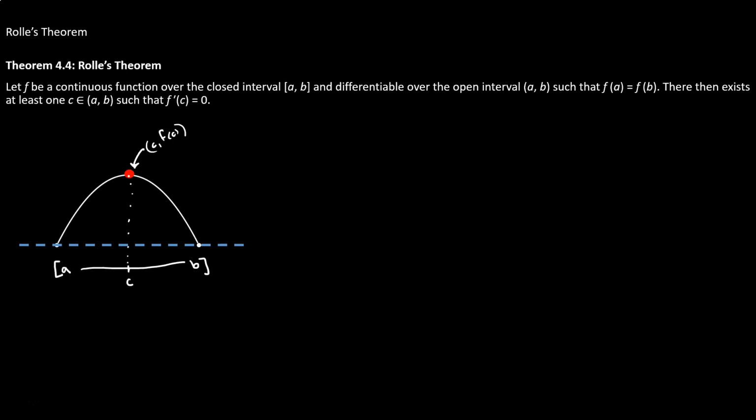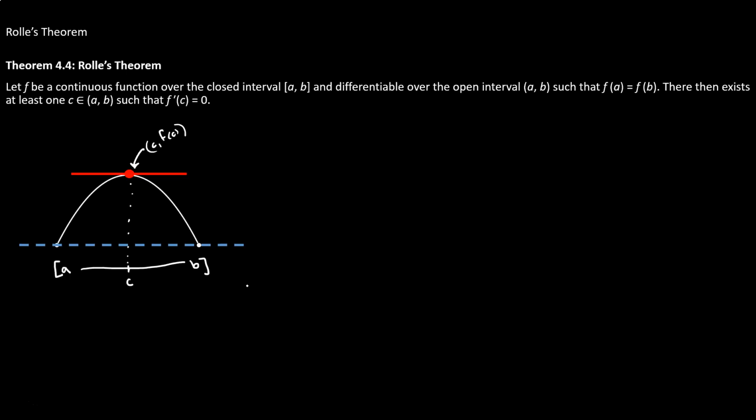And we know that critical points have derivatives that are equal to 0, or a horizontal tangent line. So Rolle's theorem tells you that for a continuous differentiable function with endpoints at equal y values, we can guarantee a critical point exists in that interval, meaning that the derivative is equal to 0 at that c value that we found.